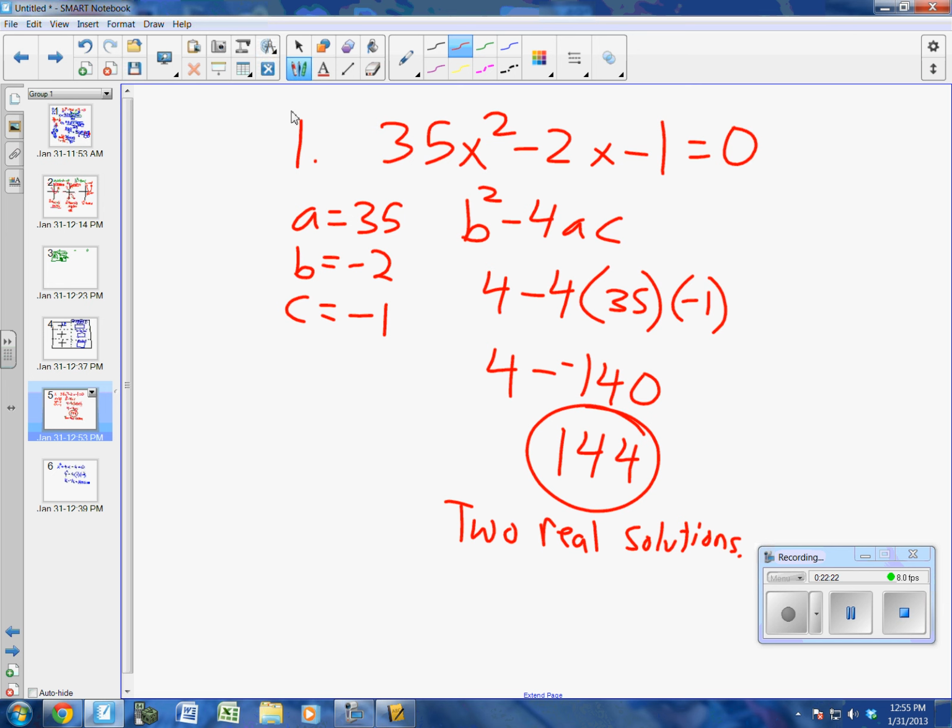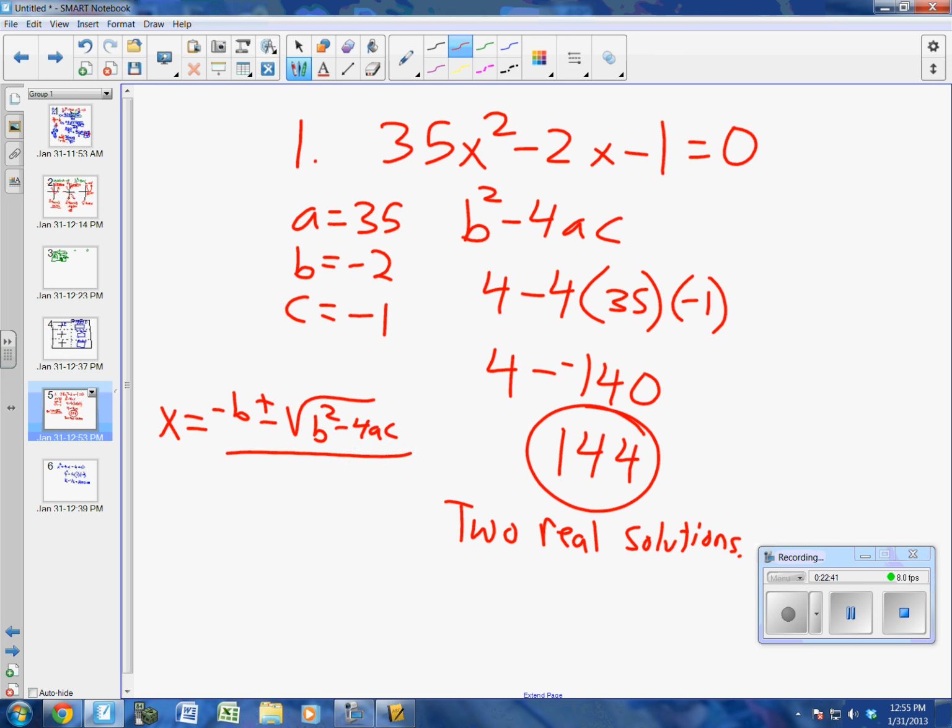You can solve all of these, you guys. Yeah, we can realistically do all of them. Hey, you guys, JD is saying, can we solve this one? Yeah, we can. And the nice thing about it is 144 is a perfect square.